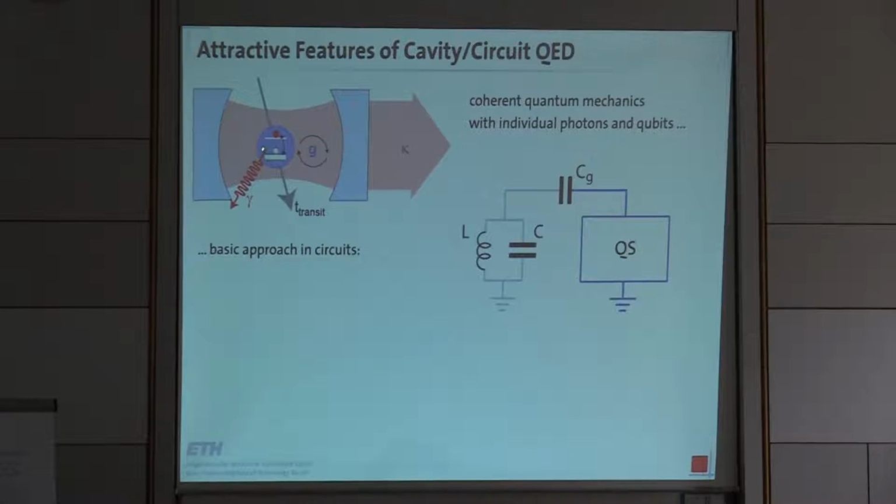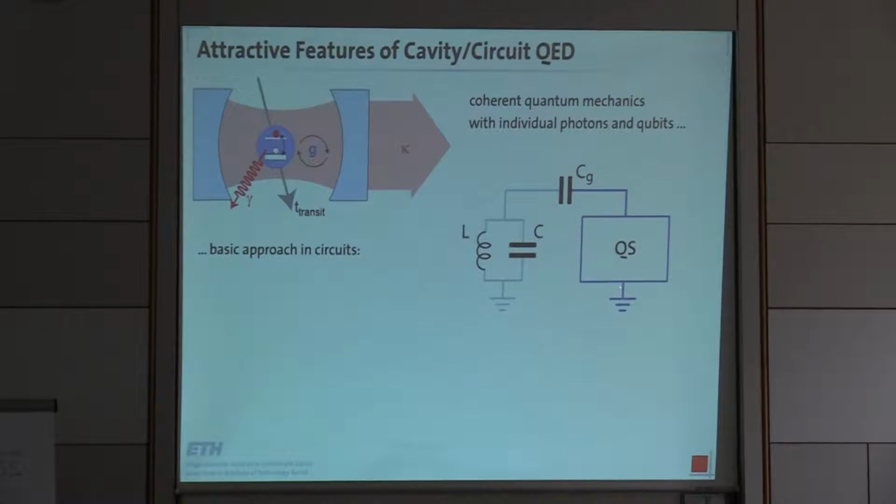This here is the atomic physics depiction of it, with a mirror-based cavity and a two-level system, an atom with a dipole moment. If you're working with electronic circuits like our lab does, then you could just map this harmonic oscillator formed by the cavity and the two-level system given by the atom to this little electronic circuit here. You use an LC oscillator that could be a coplanar waveguide oscillator, or a lumped element oscillator made from an inductor and a capacitor.